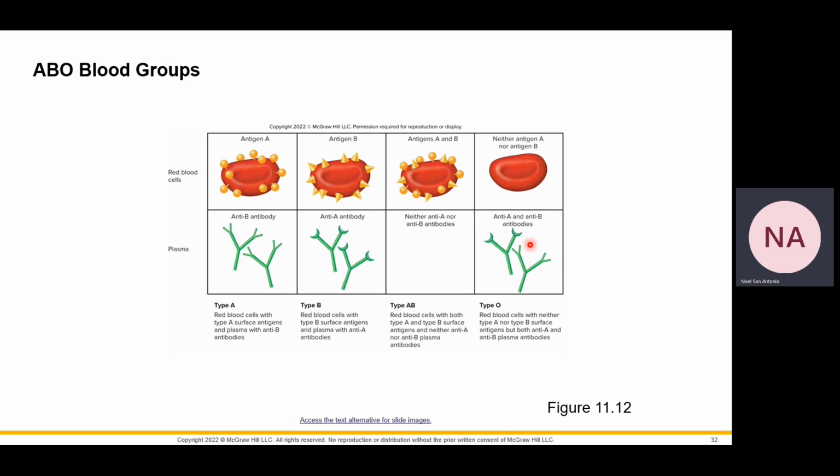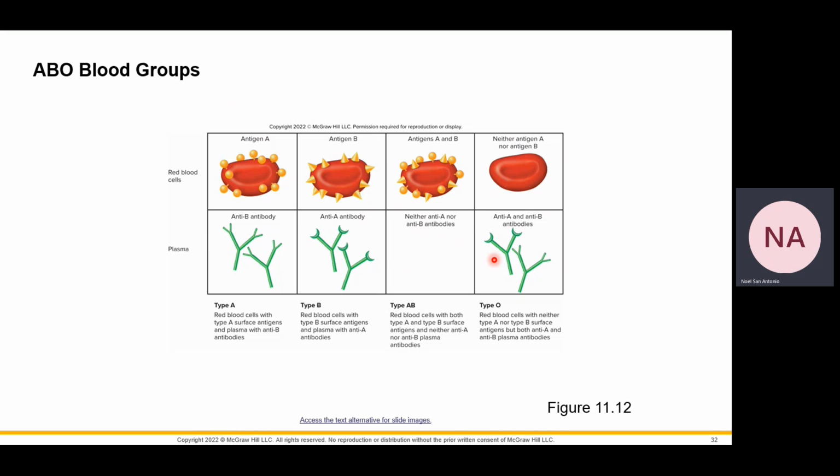Pag sinalin mo naman siya with type A blood, yung kanyang anti-A antibody will react to the antigen A of a type A blood. So therefore, the universal donor principle is followed only when only packed RBC will be transfused, not including the plasma, because in the plasma, that is where you will find the antibodies.